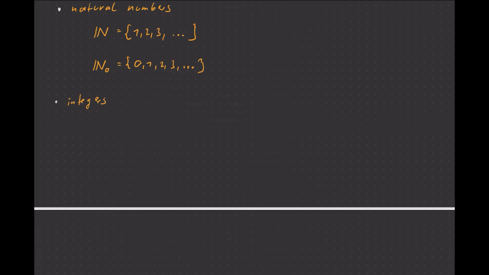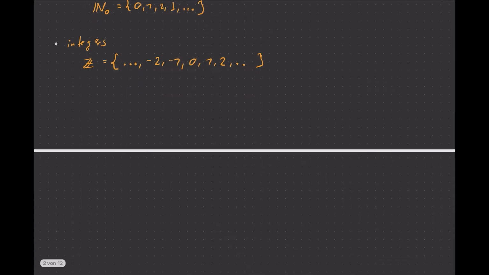That set is denoted by Z. And what I mean is the set of all negative numbers, this 0, and then the set of all positive natural numbers. Okay, so this is a set where you can meaningfully do addition and subtraction.